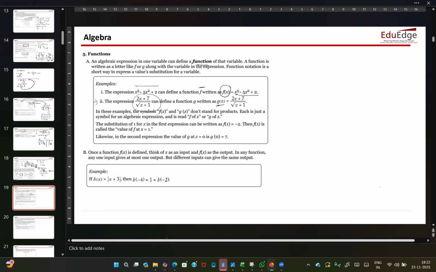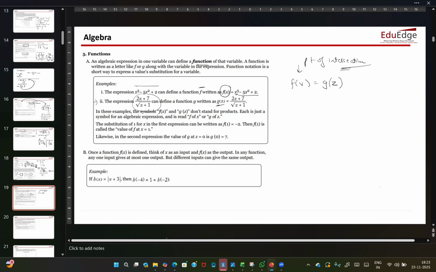If I want to find the point of intersection of the two functions, I will directly put f of x is equal to g of z. That is the point of intersection. If you want to find the point of intersection, generally this is true when you have the same equation, for instance, or rather the same variable.